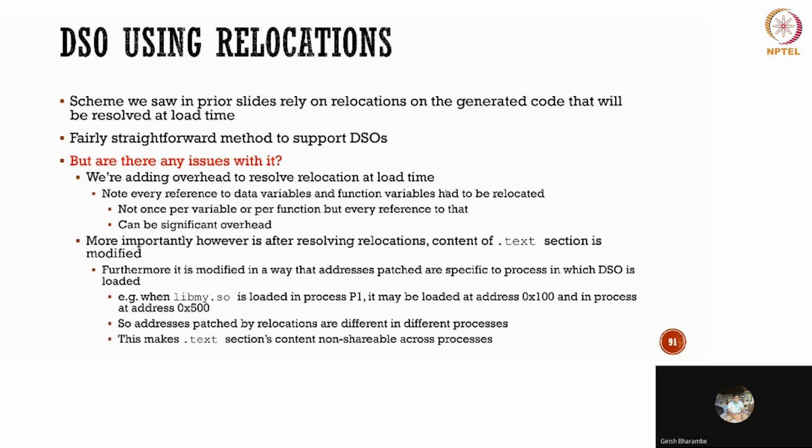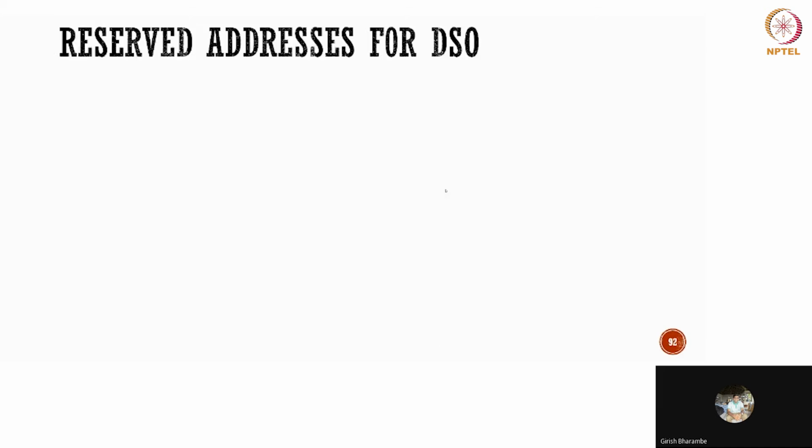Physically in RAM, we want only one copy of function foo loaded, and all the processes using it must refer to the same physical copy, not necessarily the same virtual address. Any questions on why we have a problem with this relocation?